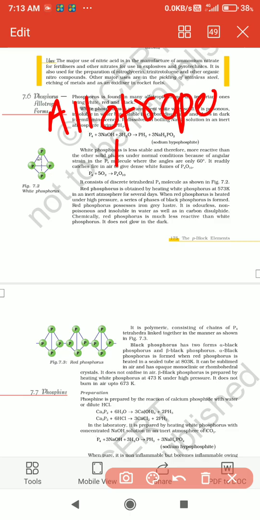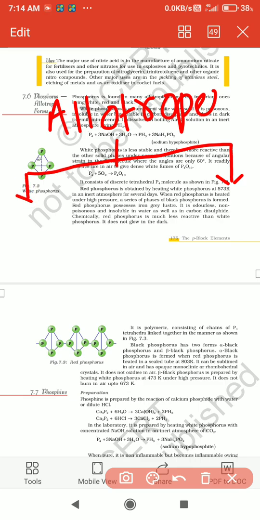Phosphorus has many allotropic forms available. But commonly, there are 3 allotropic forms that are very important.